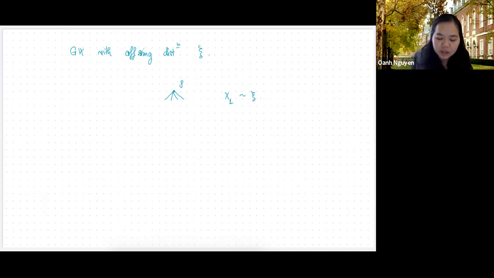Now for each child of rho, let's say child 1, 2, up to X1, we sample another X2 that is independent of X1. All of these are independent random variables with the same distribution xi, and they tell the number of children that a vertex has.